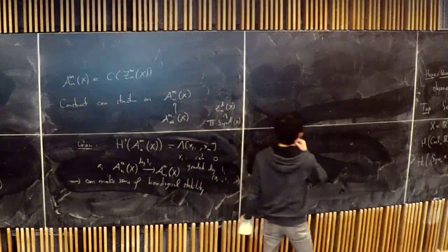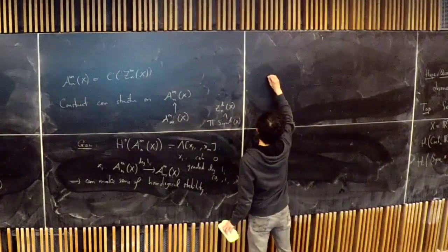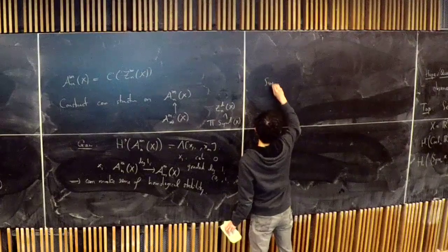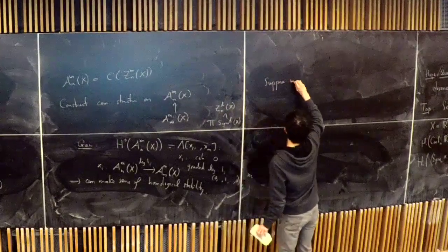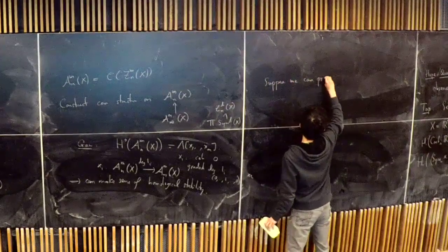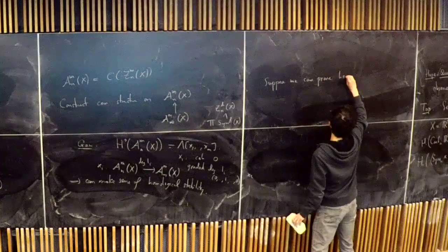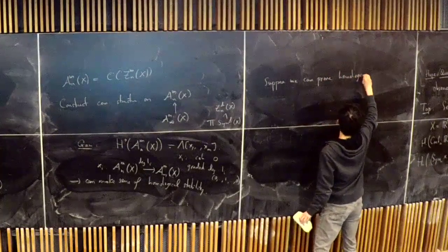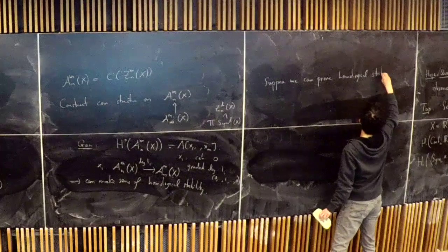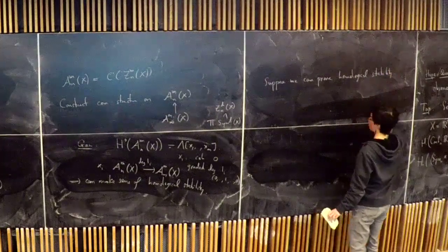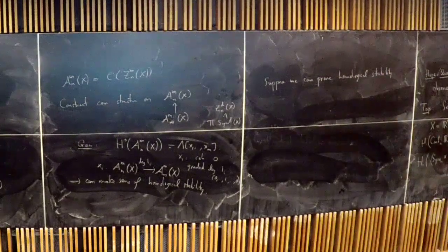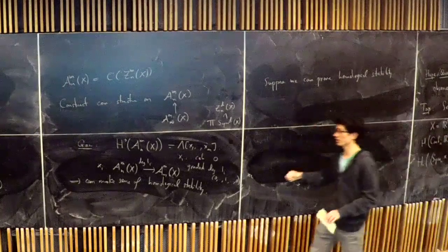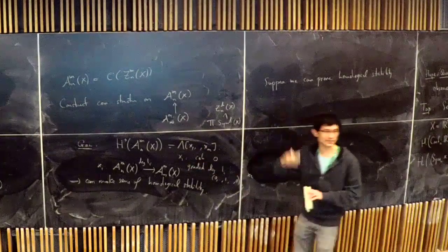So suppose that, then we can prove homological stability. Namely, pick a homological degree, and you have to show that when the indices are big enough, it stays the same.